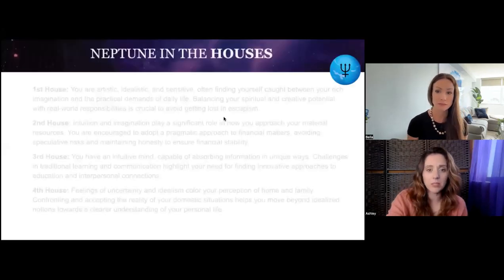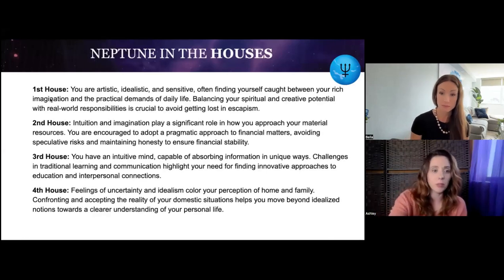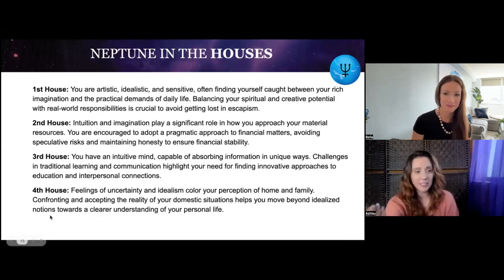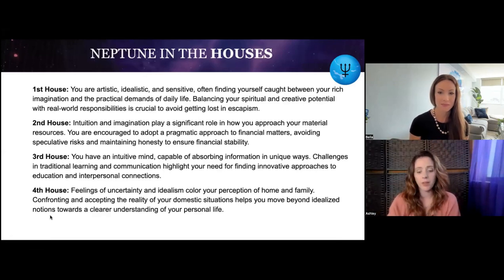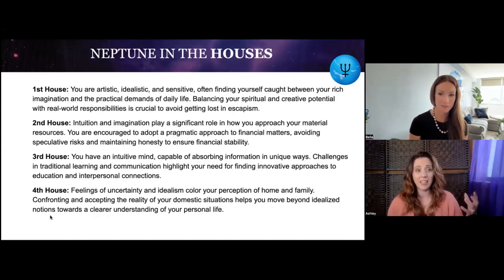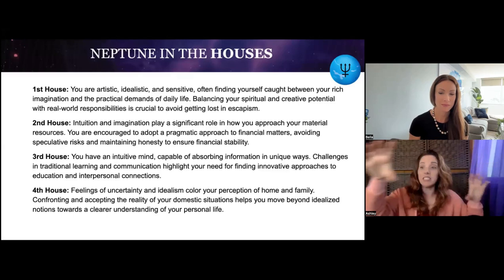I guess for each of these, you know how Neptune represents what is veiled? We are unveiling in these different areas, whether it be the self or finances or communication or the family. What's hidden? What's behind? What's diluted? Where can we find the truth? And it's not intellectual, it's not an air sign. So it's actually being immersed in it, becoming it, enmeshing in it to see, all right, what's happening here, and having different experiences in different places.